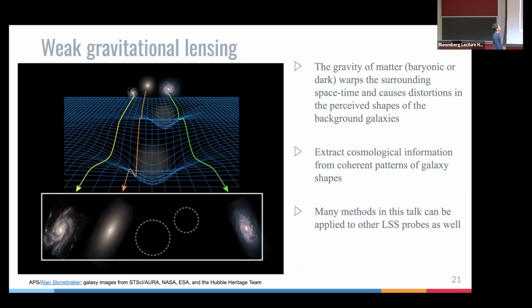One example is weak gravitational lensing. The idea is that the light from background galaxies is distorted by the gravitational effect of the foreground large-scale structure, and then our perceived galaxy shapes are distorted. By measuring the coherent pattern of galaxy shapes, we can extract useful physical information.